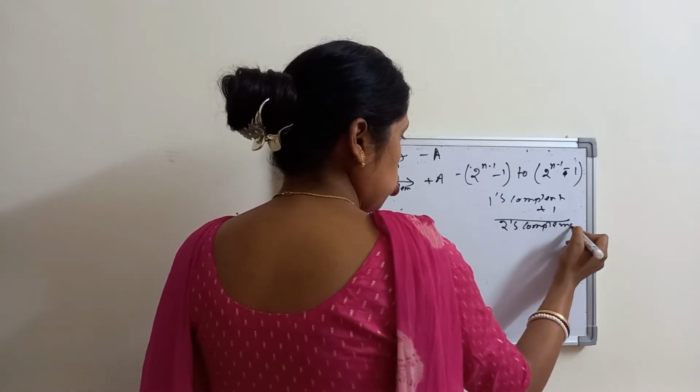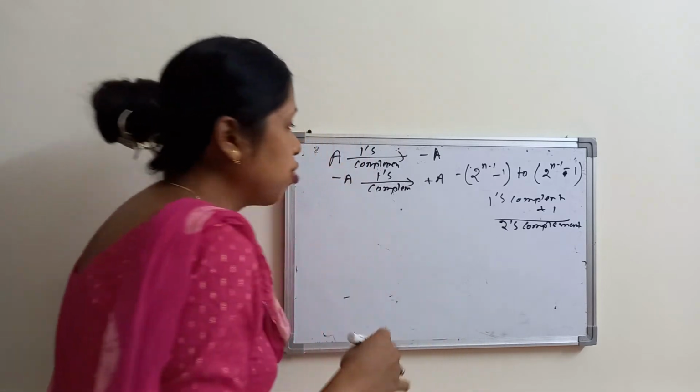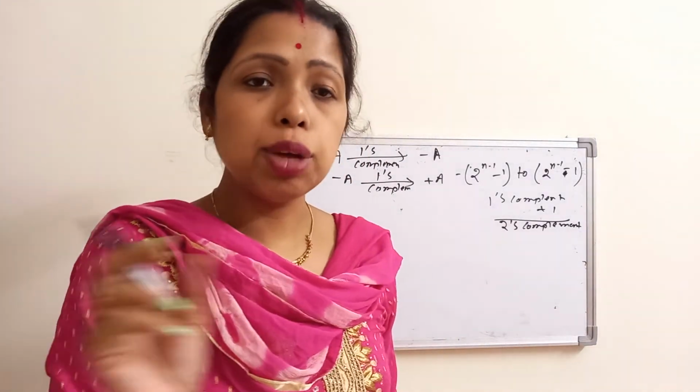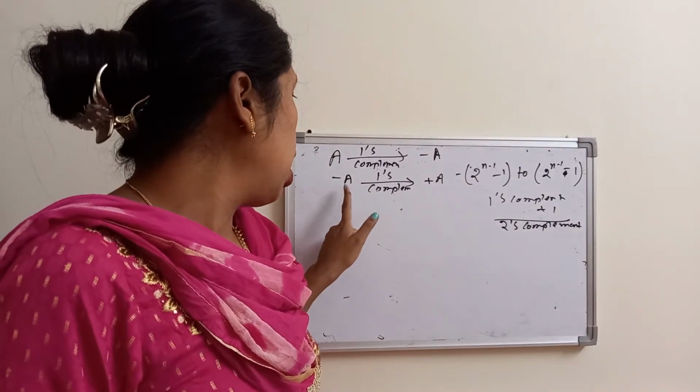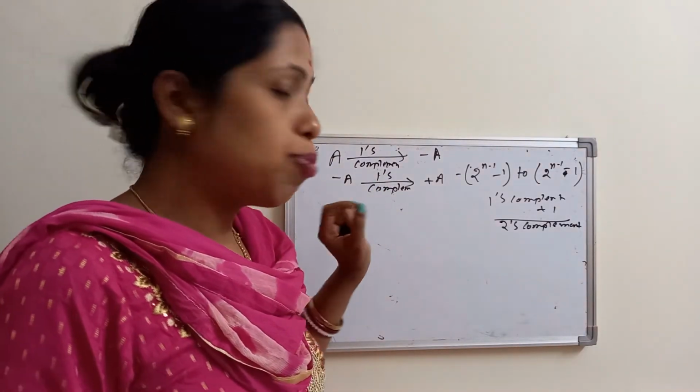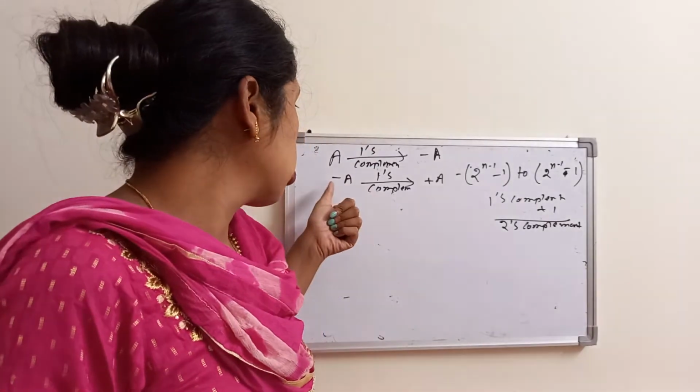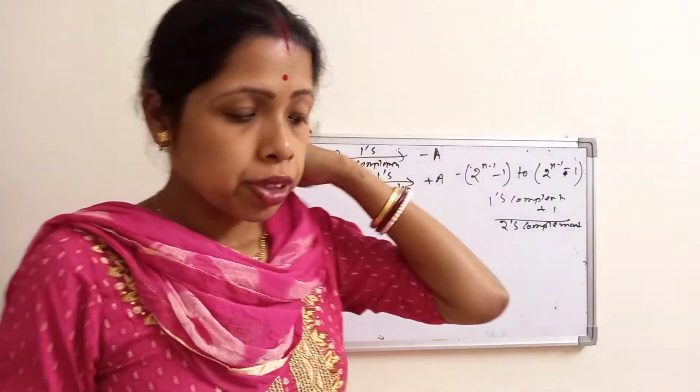After getting the first complement, I have to add plus 1 for the 2's complement of the positive number, or of the negative number.